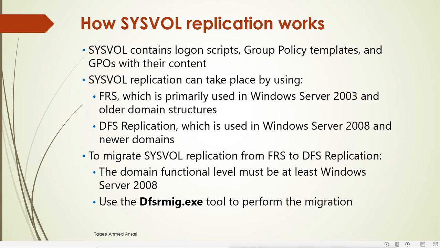So we can use this tool to migrate it. Now right now we are using Server 2016, so there is no way that we have Server 2003 FRS sysvol replication. We have all DFS replication right now by default.